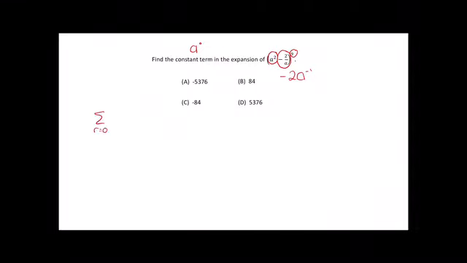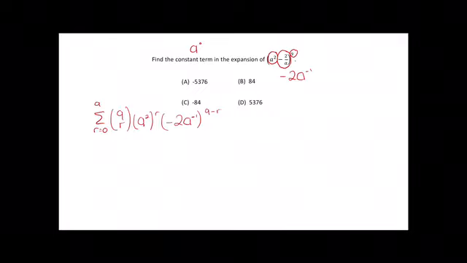So this time we've got the sum from r equals 0 to 9. 9 choose r, our first term is a squared, and that's to the power of r, and our second term is negative 2a to the power negative 1, and that's to the power 9 minus r. Again, I'm going to work my way through it. So I've got r equals 0 to 9, 9 choose r.